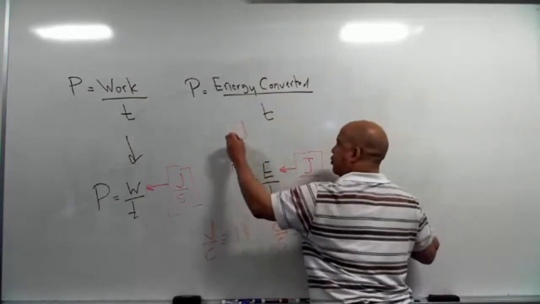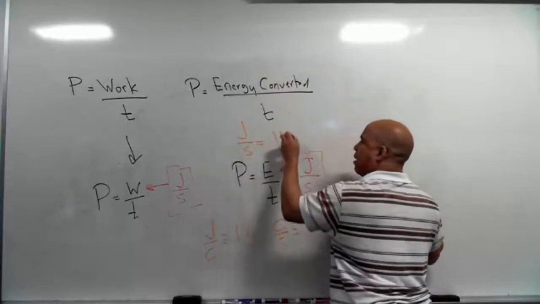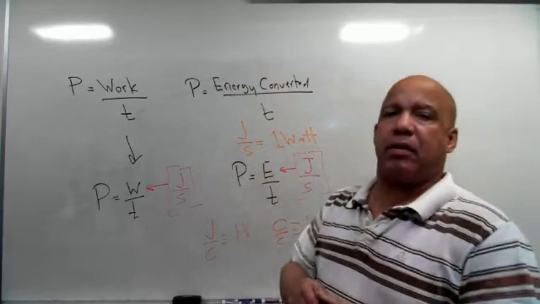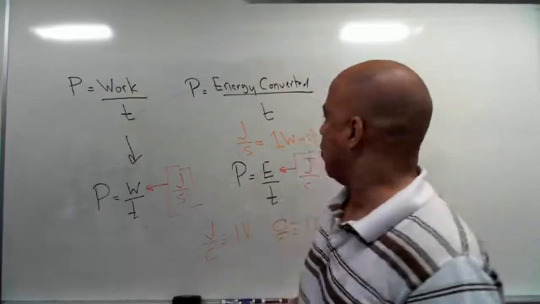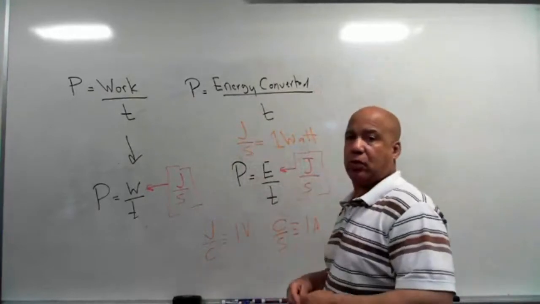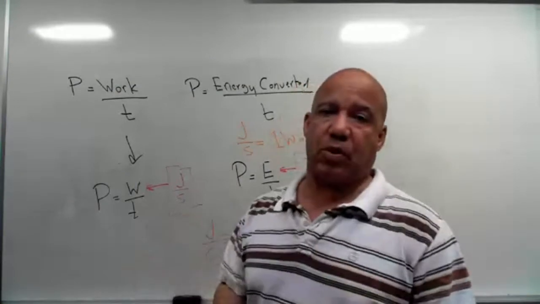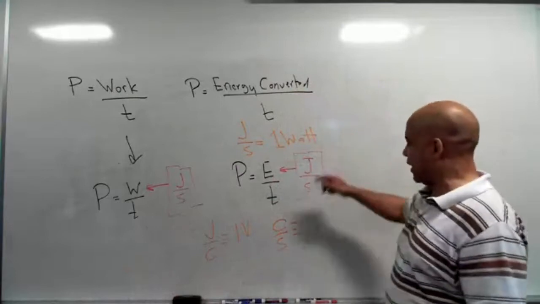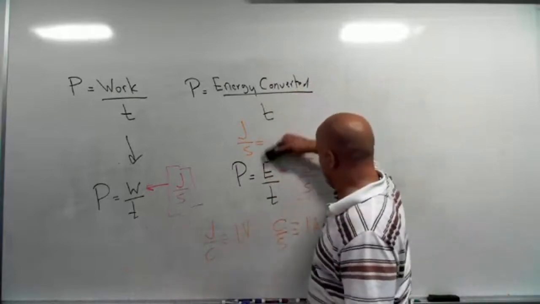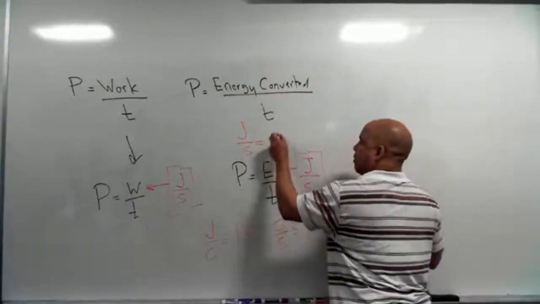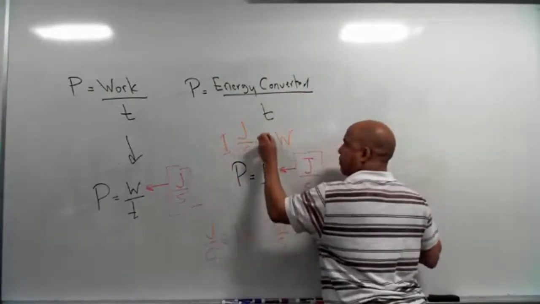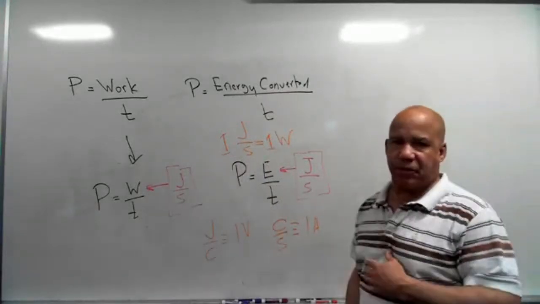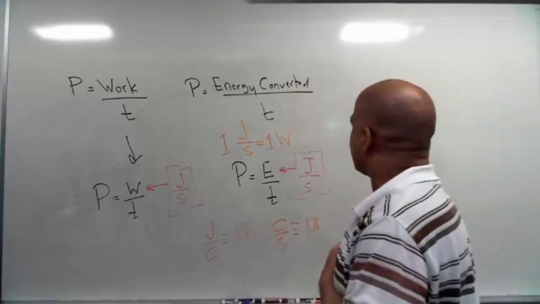But now we're going to take a joule per second, we'll call that 1 watt. So power for us is given in watts, and 1 watt is 1 joule every second. 1 joule of energy converted from one form to another, or 1 joule of work done. Either way, a joule per second is a watt. We don't usually write it out like that, although you can. Typically, we just use the capital W. So 1 joule per second is a watt. Named after the physicist James Watt.